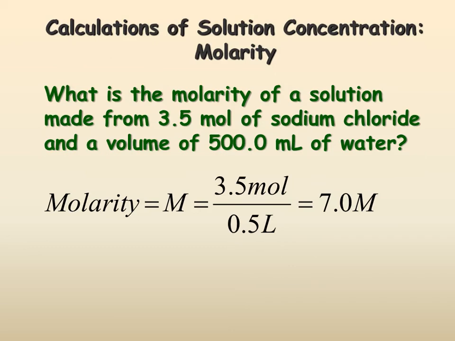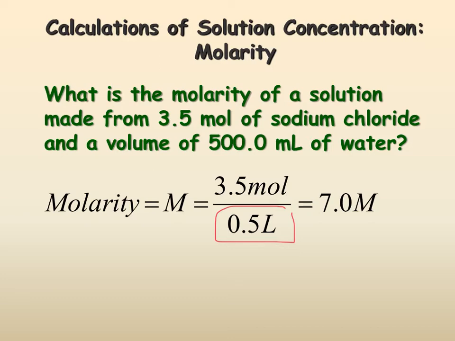So some calculations with this. A very simple question would be, what is the molarity of a solution made from 3.5 moles of sodium chloride and a volume of 500 milliliters? To do this, you need moles over volume. One thing to keep in mind is your volume always needs to be in liters.